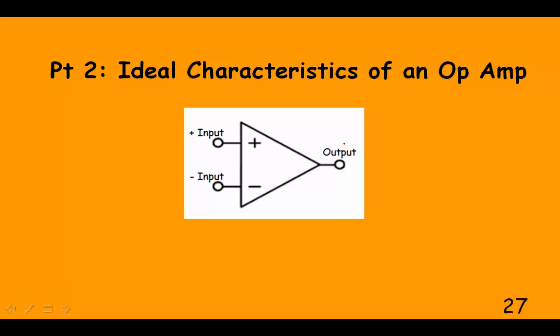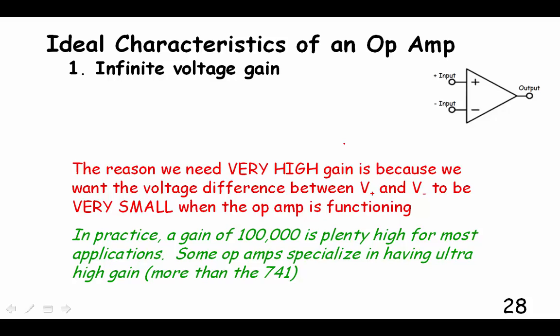Well, let's look at the ideal characteristics of an op-amp. First of all, we would have infinite voltage gain. The reason why we want a very high gain on our op-amp is because we want the voltage difference between these two pins to be effectively 0 when the op-amp is functioning. That's in every case except for the case of a comparator.